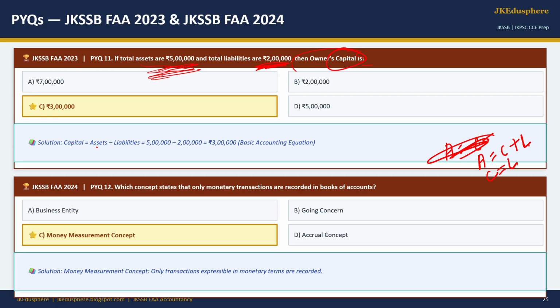Here what we have to find is capital. Liability is positive here, over there it will go negative. Capital equals assets minus liabilities. So 5 lakhs minus 2 lakhs, 3 lakh will be the answer.